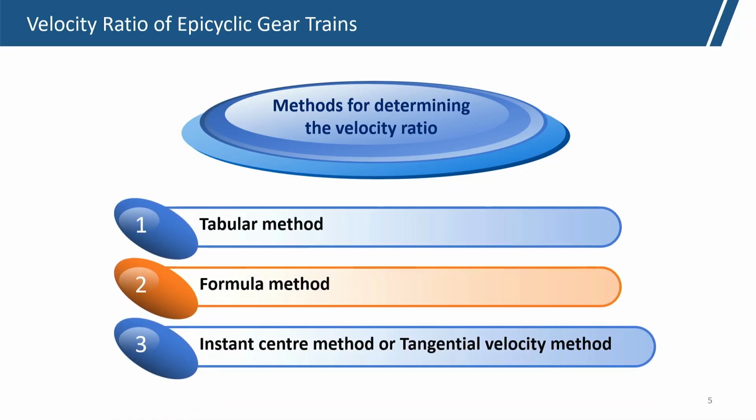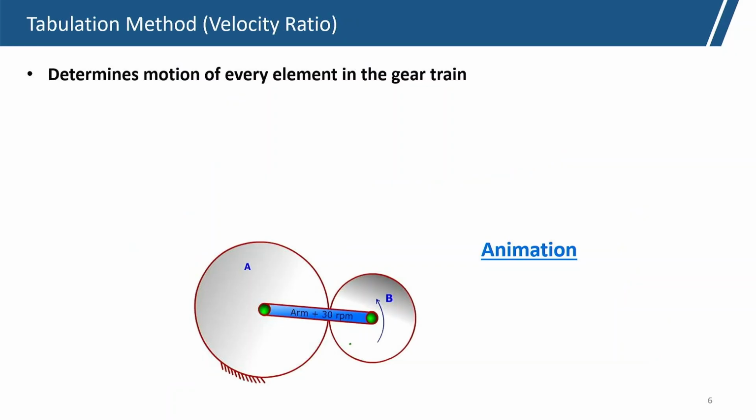There are three methods: tabular method, formula method, instant center method or tangential velocity method. We will be adopting the tabular method here, the same basic contents we have already discussed in the comber section.